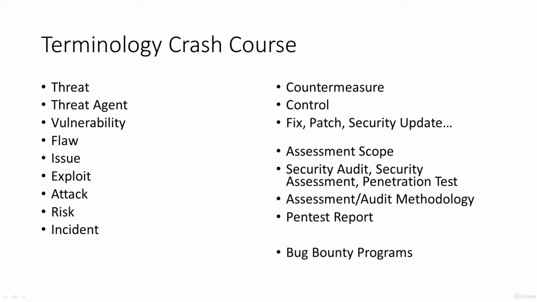For an attack to happen, we have to have a threat. We have to have a threat agent if this attack is intentional. We have to have a vulnerability in the system that is related to this threat, and we have to either use or not use an exploit, because we can automate it, or we can do things manually, which is deemed more professional in the hacking community.